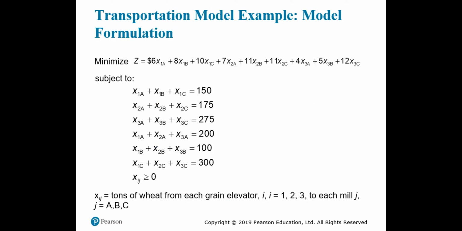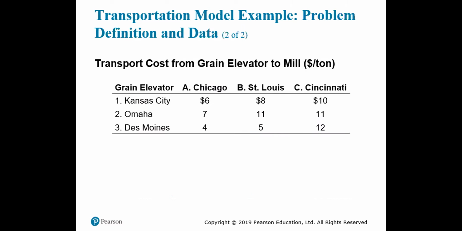Everything from the source to the destination should be equal. And then what is demanded at the destination has to be met fully. So the first three are the supply, and then the last three are the demand.